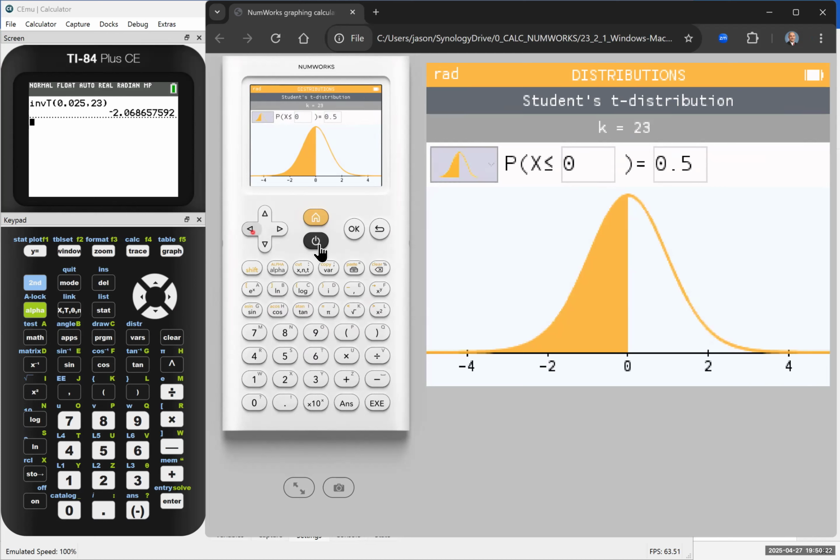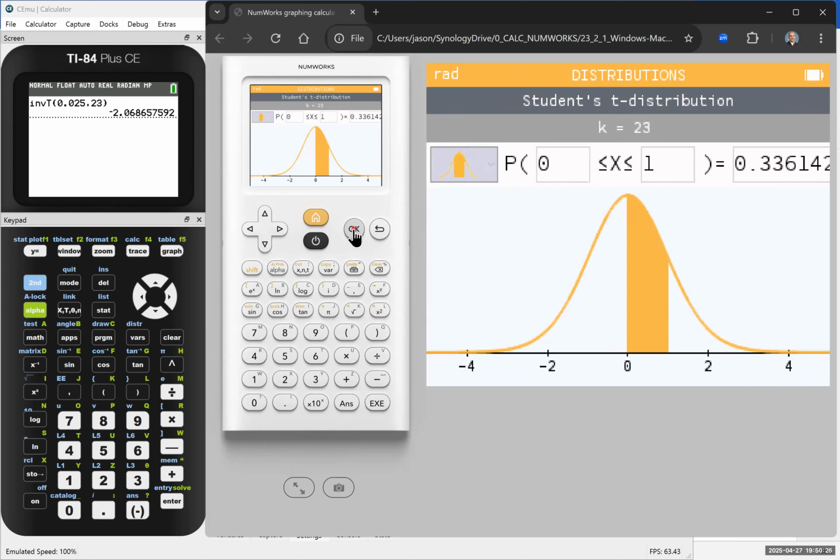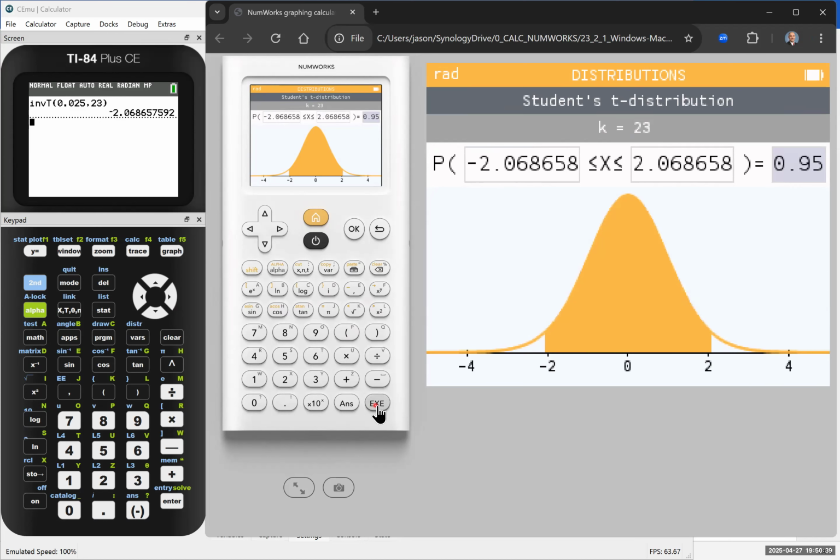All right, and this time, just to show how you can use these calculators, I want the area in the middle, and the area in the middle is going to be 0.95. So this will put a 2.5% tail area in the tail on the right and on the tail on the left. And you can see we get a negative 2.069 and a positive 2.069.